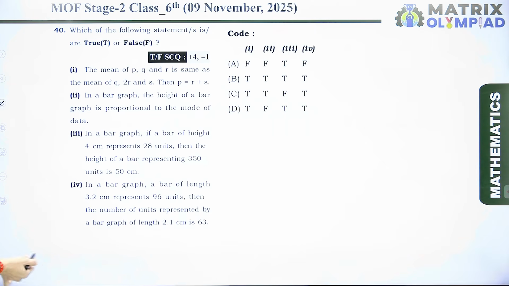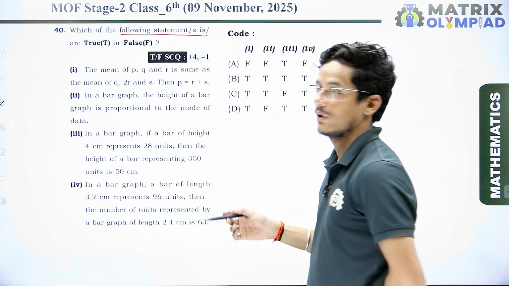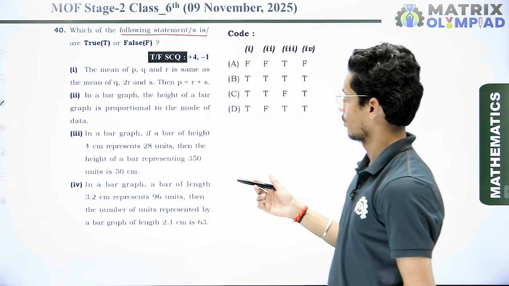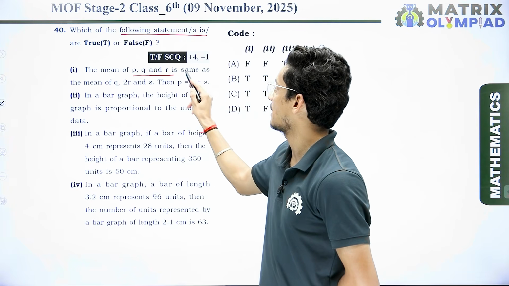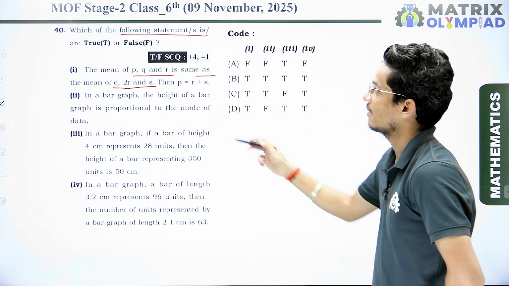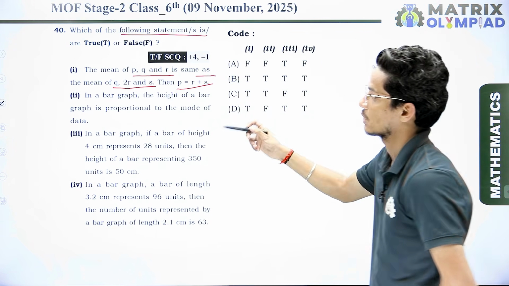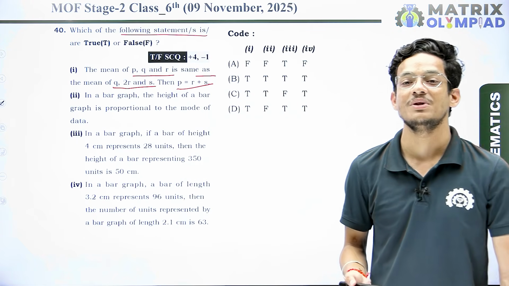Now the next question: which of the following statements is true and false? The first statement: if the mean of P, Q, R is the same as the mean of Q, 2R and S, then P is equal to R plus S. We know mean is the sum of all observations divided by the number of observations.